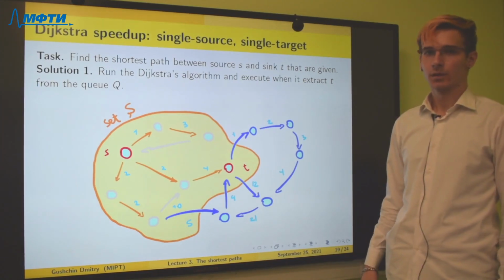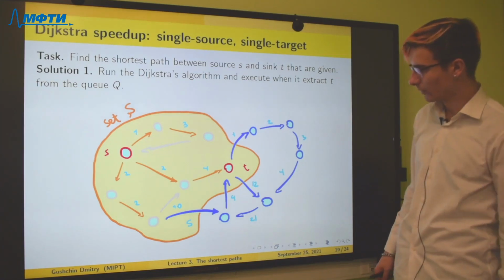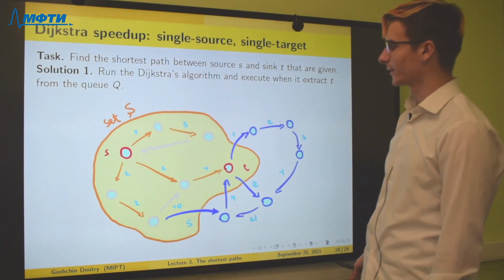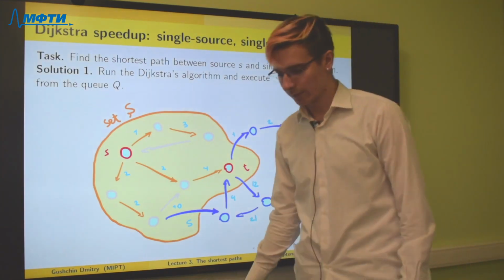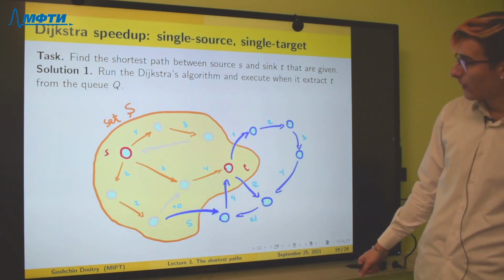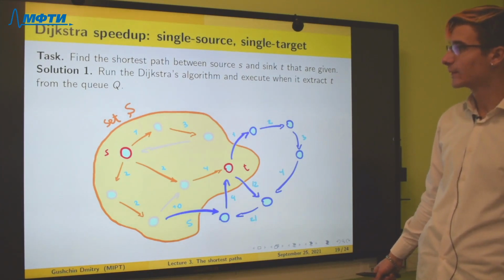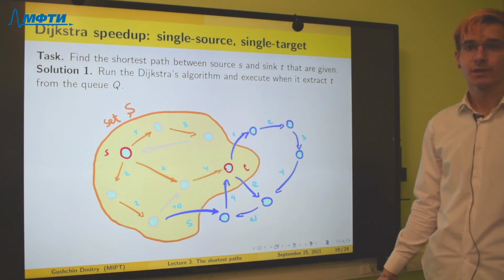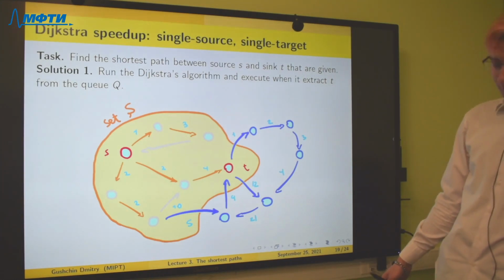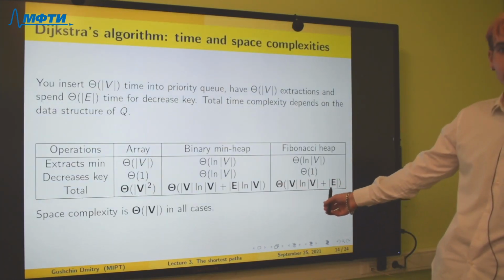But it is bad because we can find a lot of shortest paths between other vertices and S that we don't need. So how to speed up Dijkstra? Of course, it will be a speed up in practice, but not in theory, because in the worst case we get the same time complexity as we see in this table.